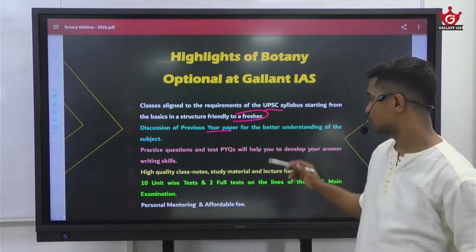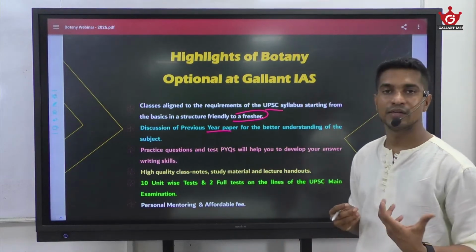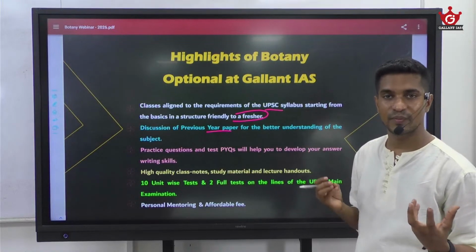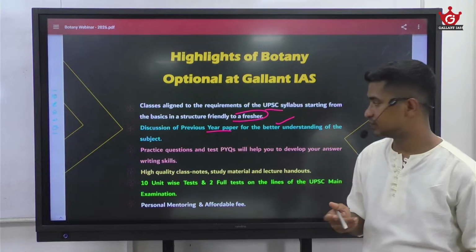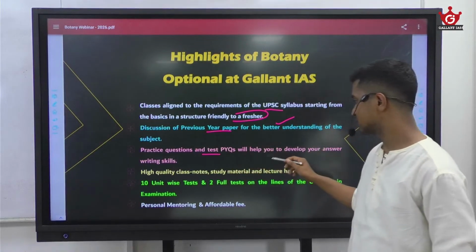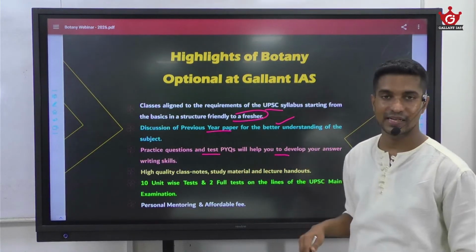Previous year questions will be discussed, which will give you a better understanding of the subject. Practice questions and test PYQs will help to develop your answer writing skills.